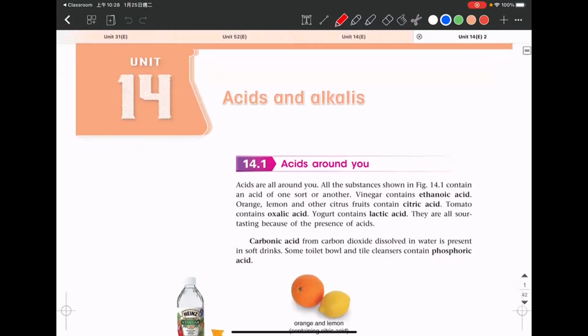Before I proceed, I would like to see if I need to add more information about the old knowledge, or maybe you want to get some new knowledge. And how far you can go, I would like to add something more to it. What do you think? Brainstorming, tell me. What do you know about acids and alkalis?